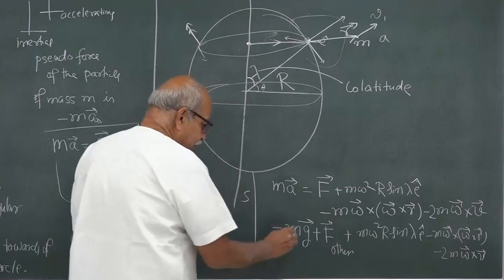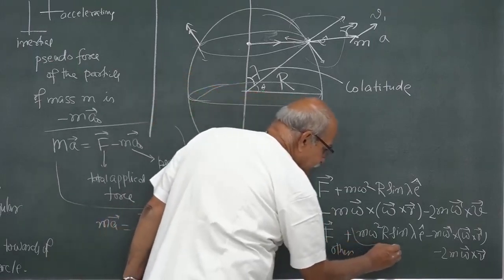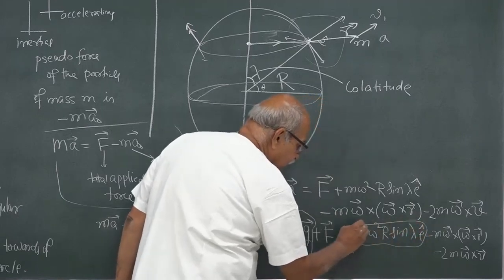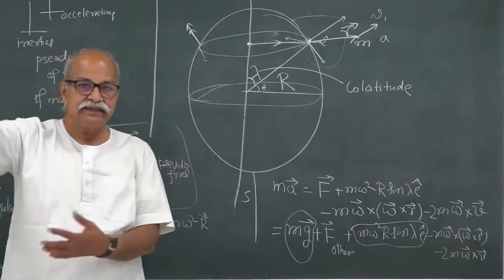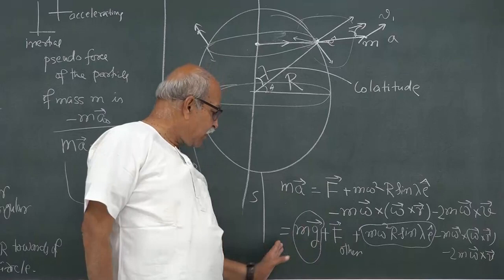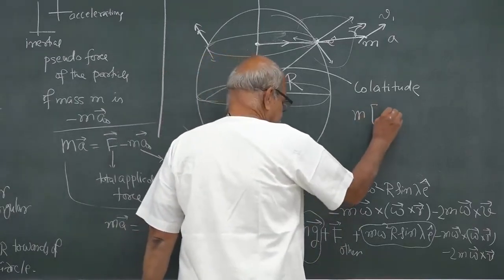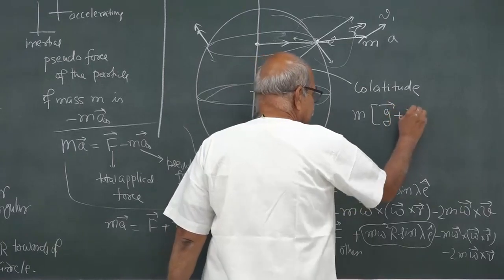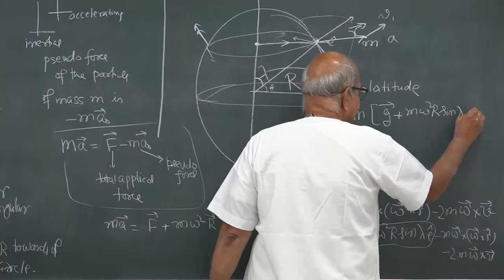What I am doing is, this quantity and this quantity are independent of the position of the particle, velocity of the particle, acceleration of the particle, and therefore these can be combined. You can take m out. If you take m out, this will be m times g plus m omega square r sine lambda in E cap.